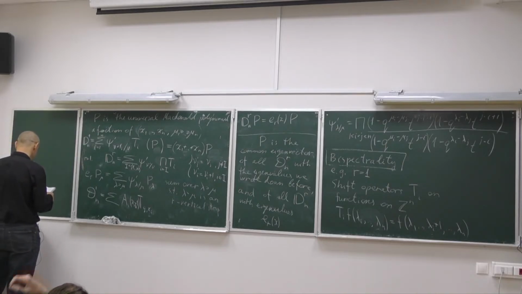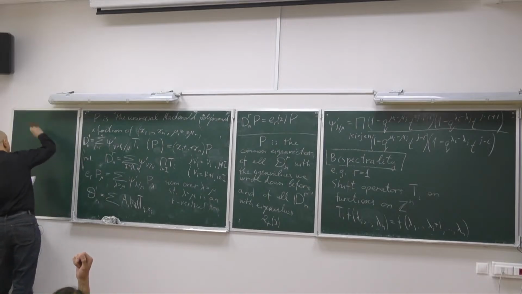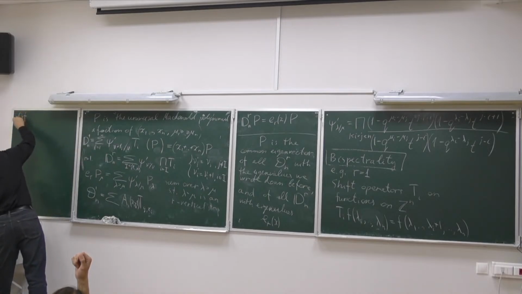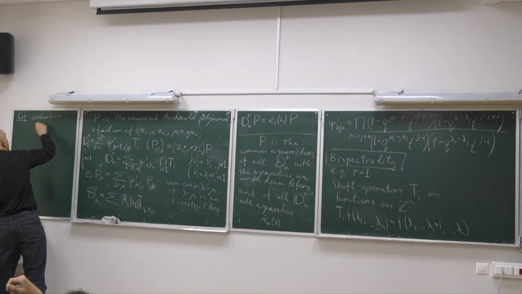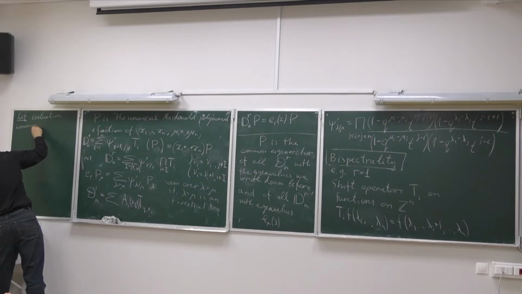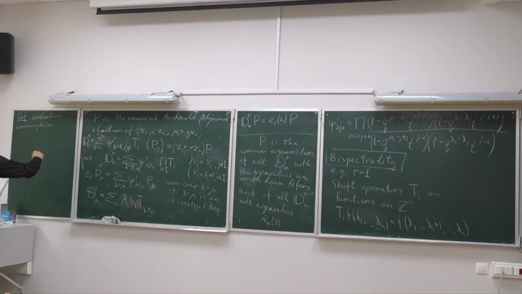Well, we need the following definition of a certain evaluation homomorphism u lambda from our field of rational functions in q and t.